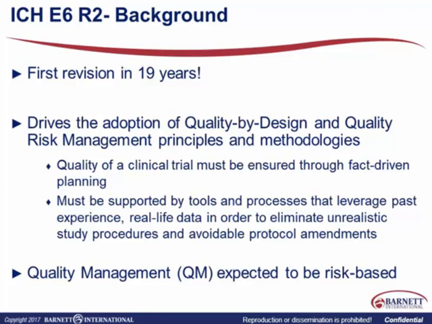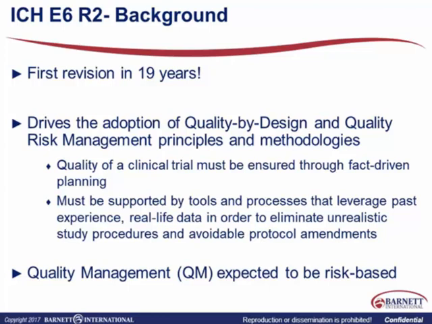Believe it or not, this is the first revision in 19 years to the ICH E6. It was actually completed in November of 2016. And it drives the adoption of the quality by design and quality risk management principles and methodologies. And so it states that the quality of the clinical trial must be ensured through fact-driven planning.